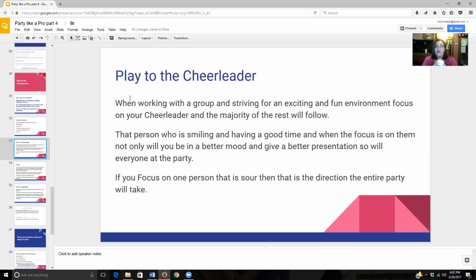To find the cheerleader in the room, it's going to be somebody who is smiling, who's having a good time, and when the focus is on them, not only will you be in a better mood, but it's also going to give you a better presentation. They're going to draw your confidence up, which is going to be great. If you focus on that one person that's sour, then that's where the direction of the entire party is going to go, and you don't want that to happen.